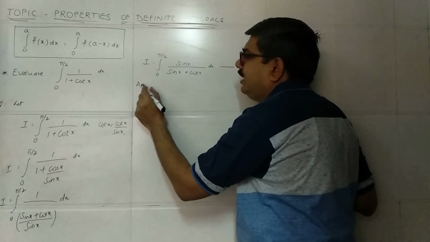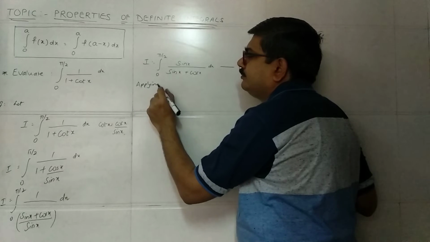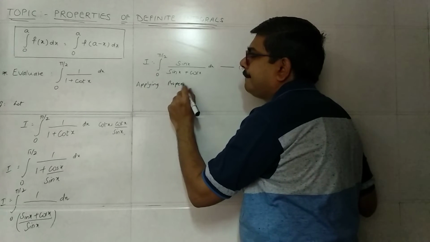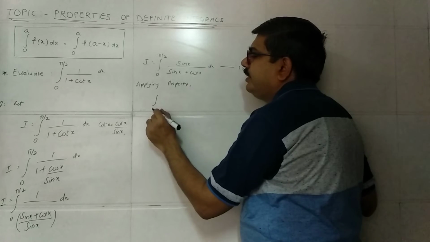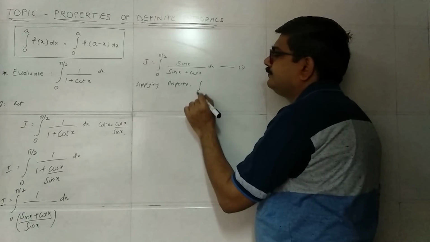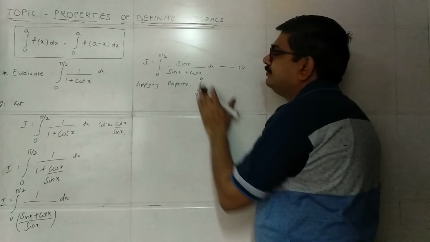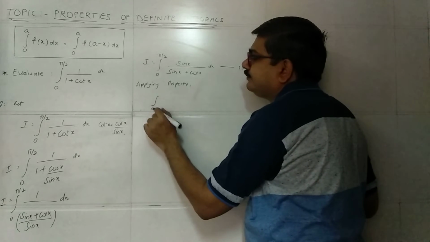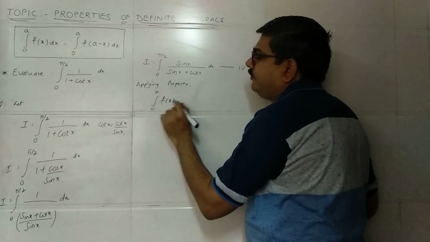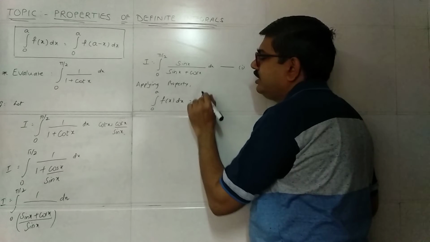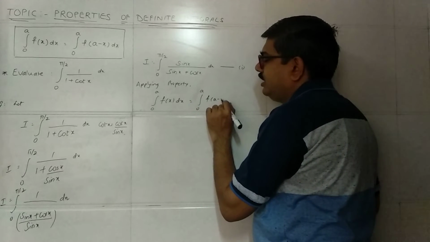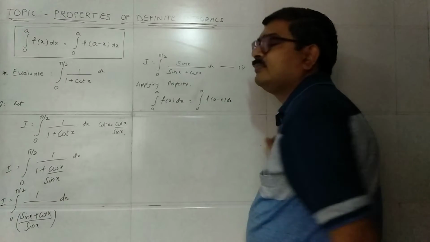So applying property, integral 0 to a, f of x dx is equal to integral 0 to a, f of a minus x dx.